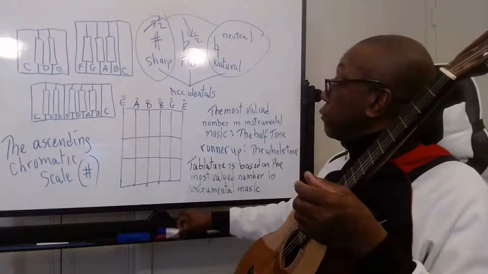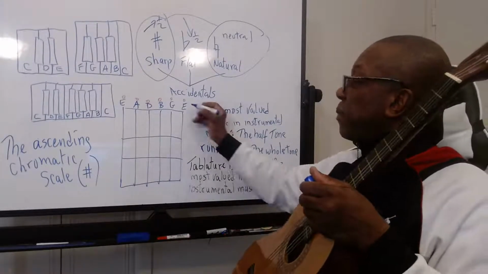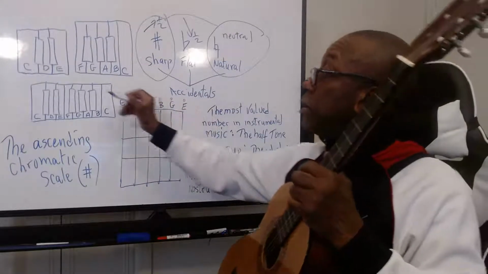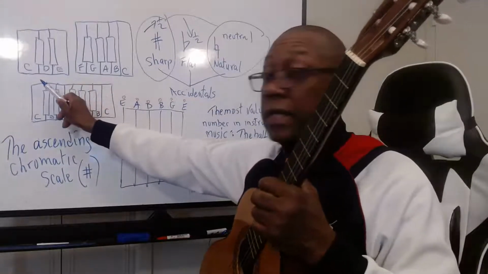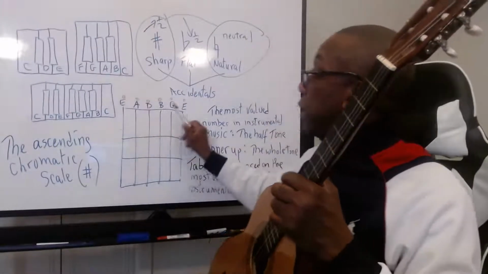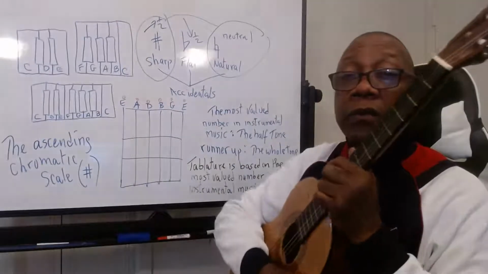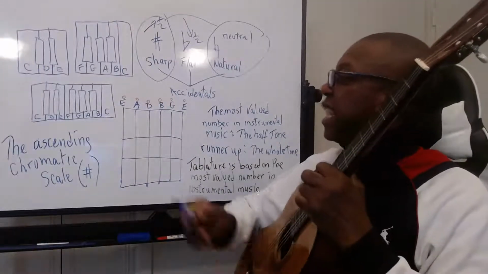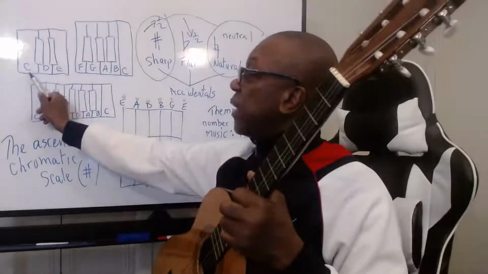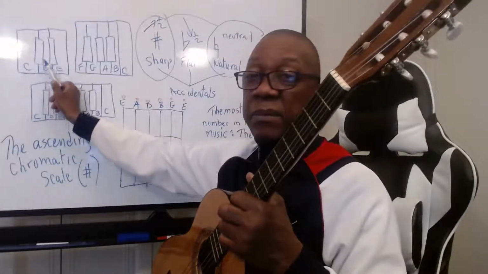So if this is open E, what letter comes after E? Remember the sequence, step by step: C, D, E, F, G, A, B, C. This is E. Now we're going by half a step. That's why I have the keyboard over here. Anything that touches is half a step.